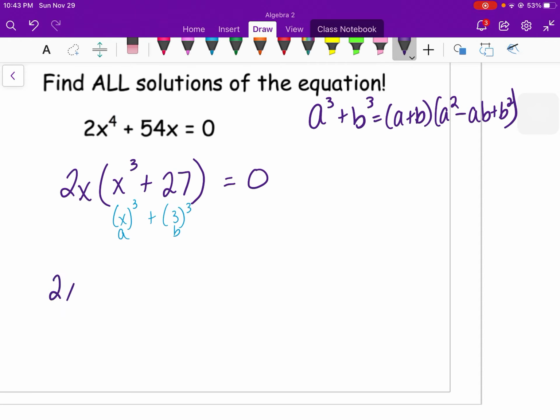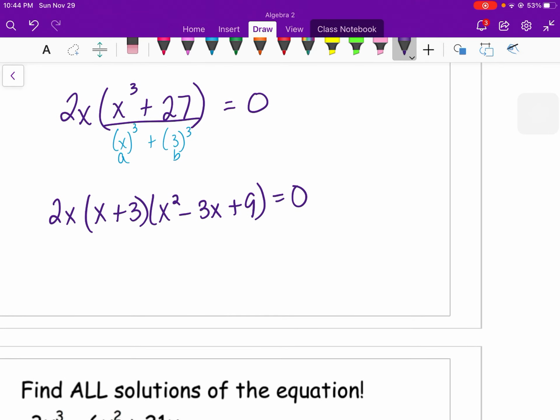So I'm going to still have the 2x there, and then this will factor to first a plus b, so a plus b would be x plus 3, so I'm plugging it into this formula here. And then a squared would be x squared minus a times b, so x times 3 would be 3x, and then plus b squared would be 3 squared, which would be 9.